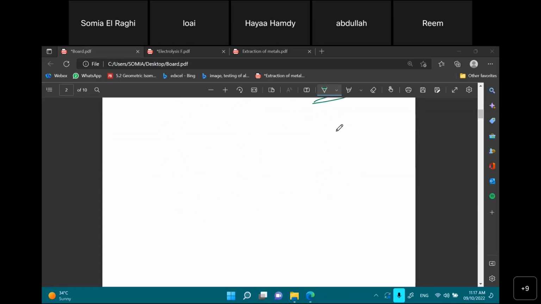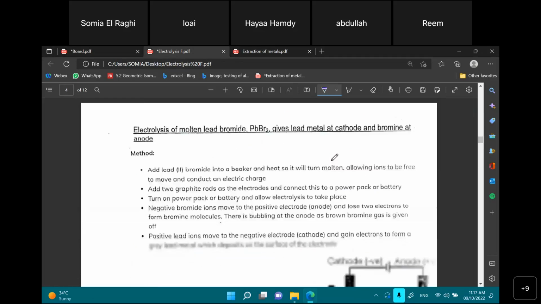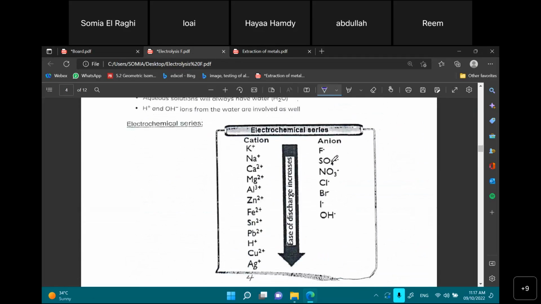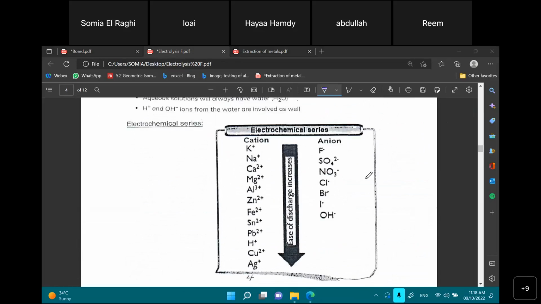Let's now repeat aqueous. Aqueous is a little bit hard, but you have to memorize this electrochemical series. This series is very important. It is exactly the same as the metal reactivity series, but we have ions here. So positive 1, positive 2, positive 3, no problem.